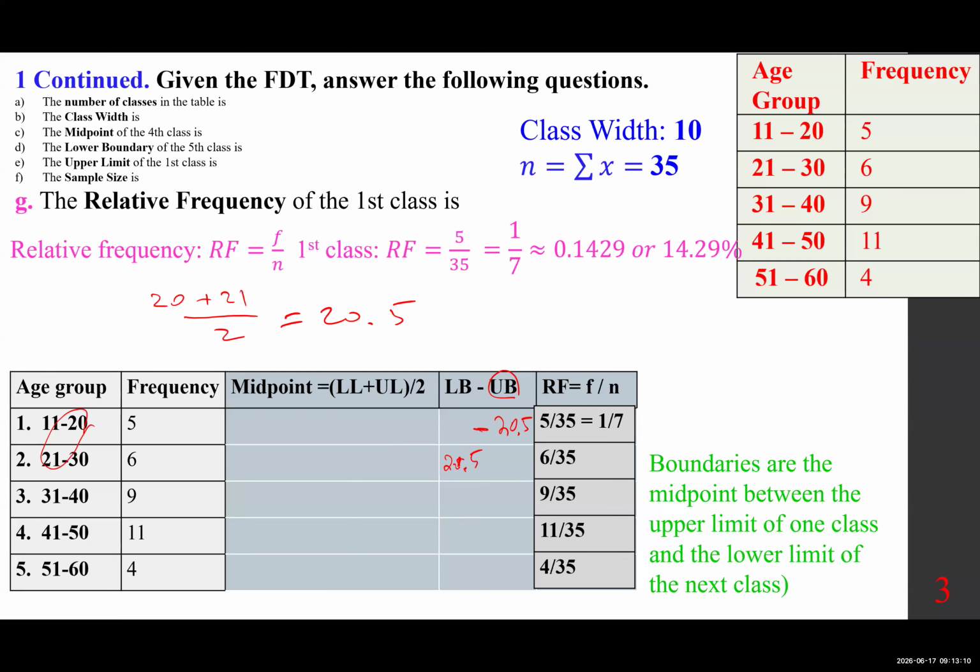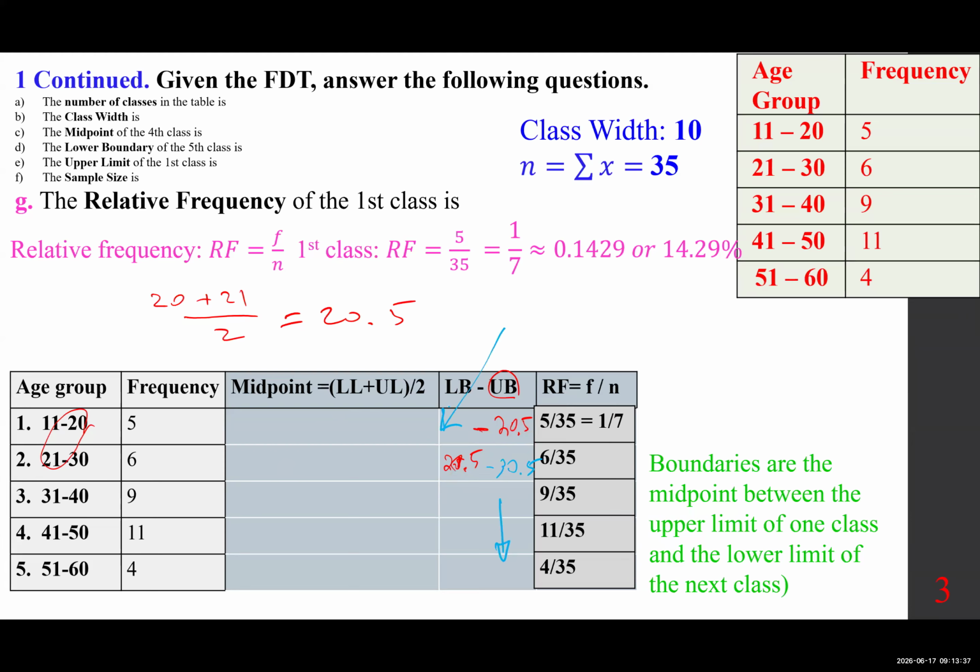And I want to make sure that you understand the meaning of that. So this goes all the way to 20.5, but it's not including 20.5. 20.5 actually belongs to the second. Then do I have to calculate it in the same manner for the rest of them? No. I know the width is 10. So all I have to do is add 10. 30.5, and I do all the way to the end.